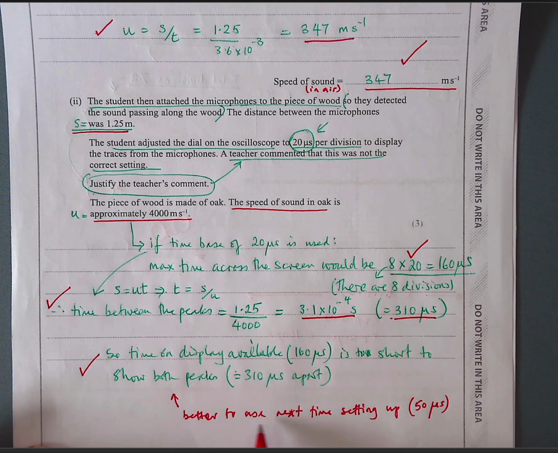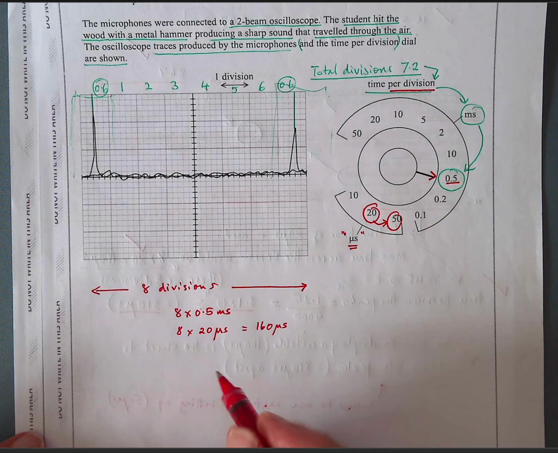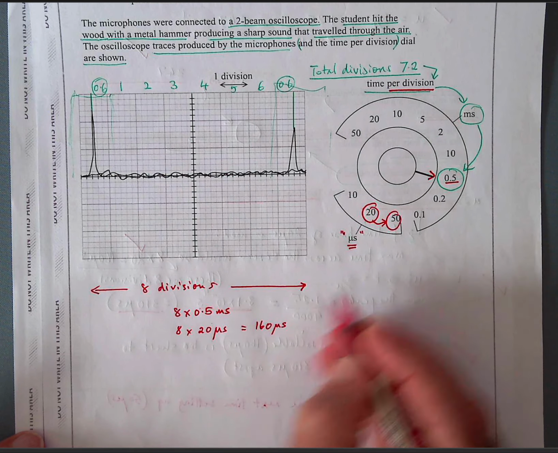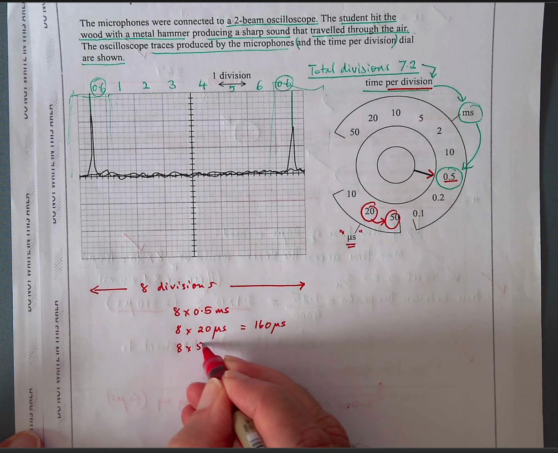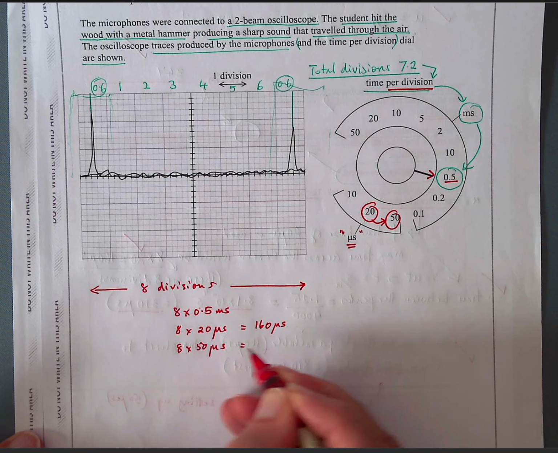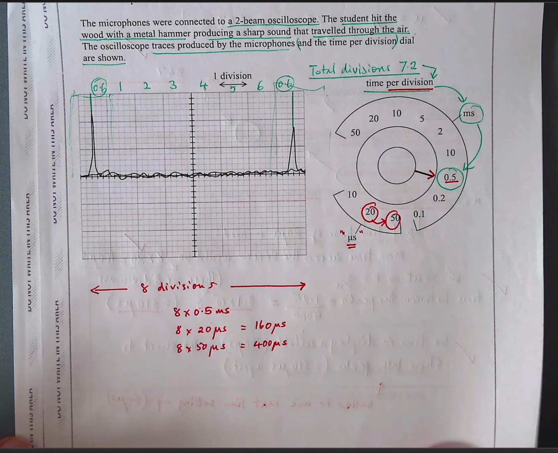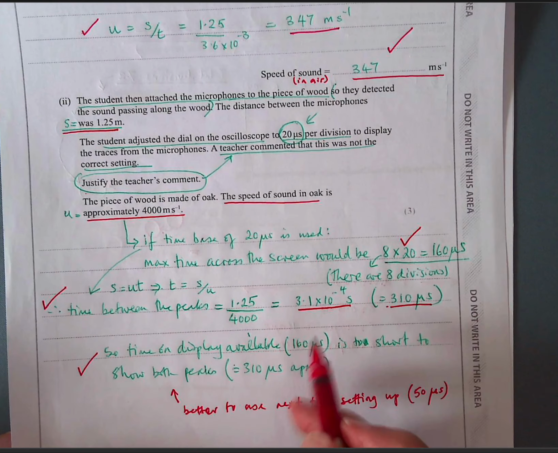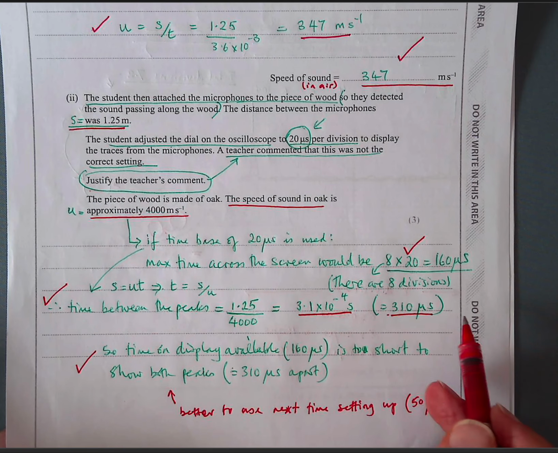So it's better to use the next setting up, which would be 50 microseconds. If you used 50 microseconds, then 8 times 50 microseconds would give you a 400 microsecond range in time, and 400 microseconds would allow you to measure the time between the two peaks.